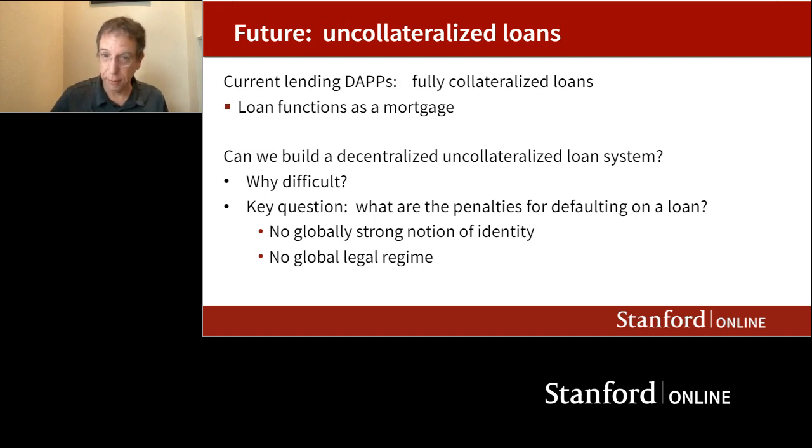And the question is, again, in an environment where there is not a strong notion of identity and there isn't a global legal regime, how do we decide whether to approve a loan or not? To me, this is still a hard open problem. As I said, there are a number of experiments in play, and it's going to be really interesting to see who actually controls this market at the end.